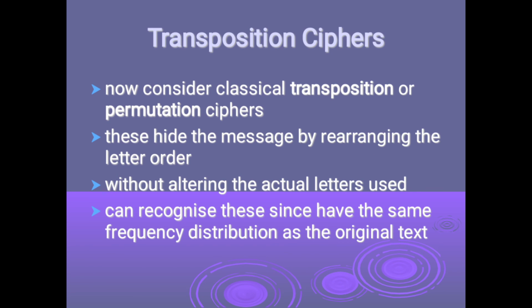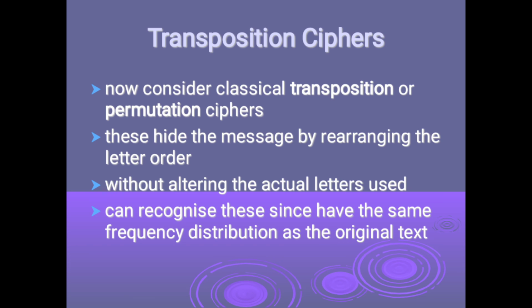Now we are moving to the transposition cipher, which we may also call a permutation cipher. They hide the message by rearranging the letter order without altering the actual letters. In substitution, we substitute the character with another character.